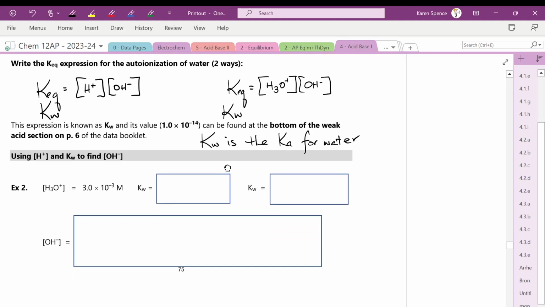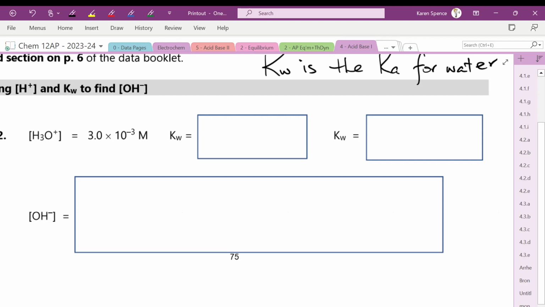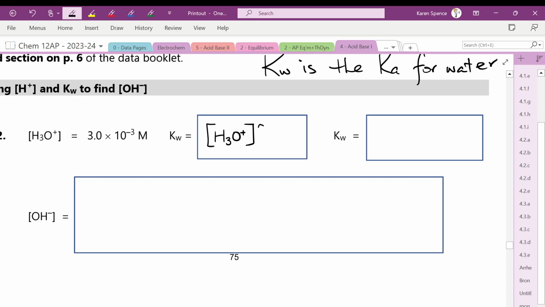Okay, so let us try this one out. So Kw is equal to the concentration of H3O plus times OH minus. And we also know that Kw is equal to 1.0 times 10 to the negative 14. So what we do is we solve for OH minus.